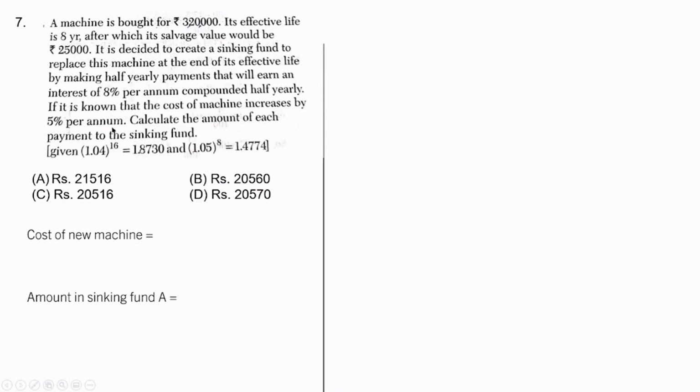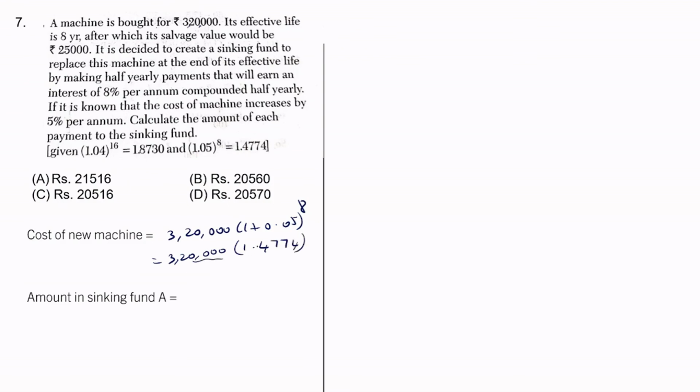So it means the cost of the new machine after 8 years will be the future value of 3,20,000, where N is 8 and I is 5% or 0.05. So it will be 3,20,000 into 1 plus 0.05 the whole raised to 8. 1.05 the whole raised to 8 is given as 1.4774. So it is 3,20,000 into 1.4774.